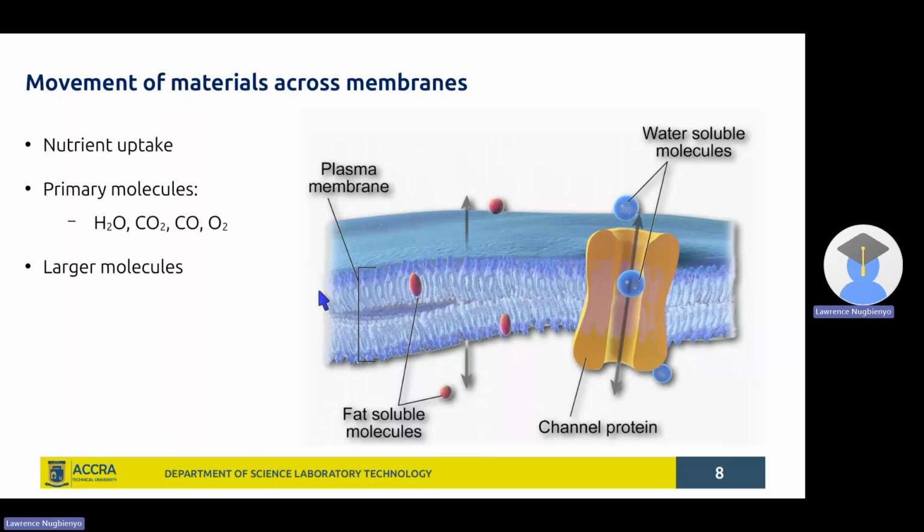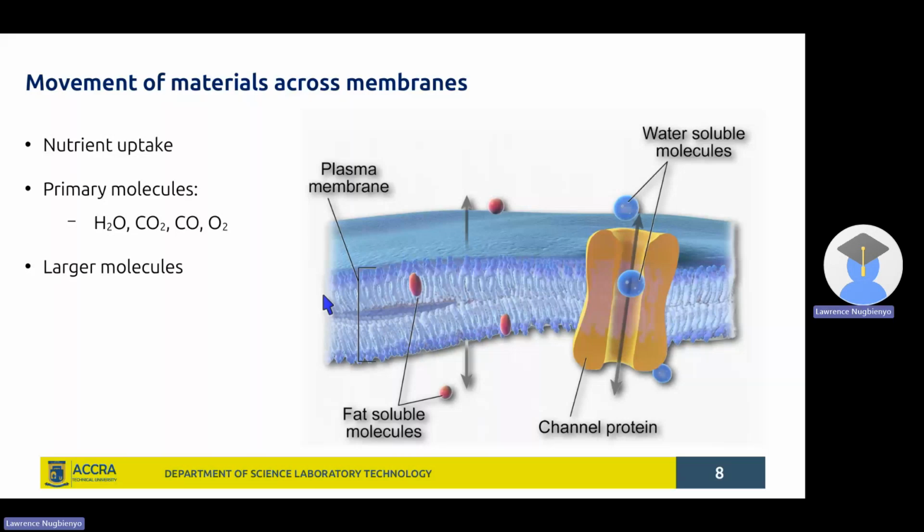Now, even apart from that, if you take a cell, specifically just a cell through which you have some substances that will be absorbed into the cell and then outside of the cell, you do know the cell is the basic unit of life. So if you have nutrients that get into the bloodstream, into the system, those nutrients eventually will have to be absorbed into the cells for cellular metabolism to take place.